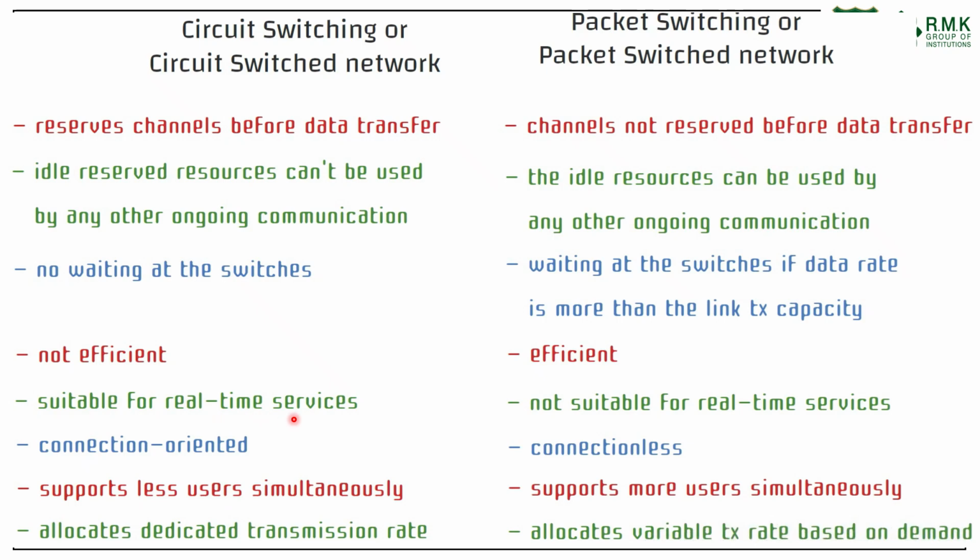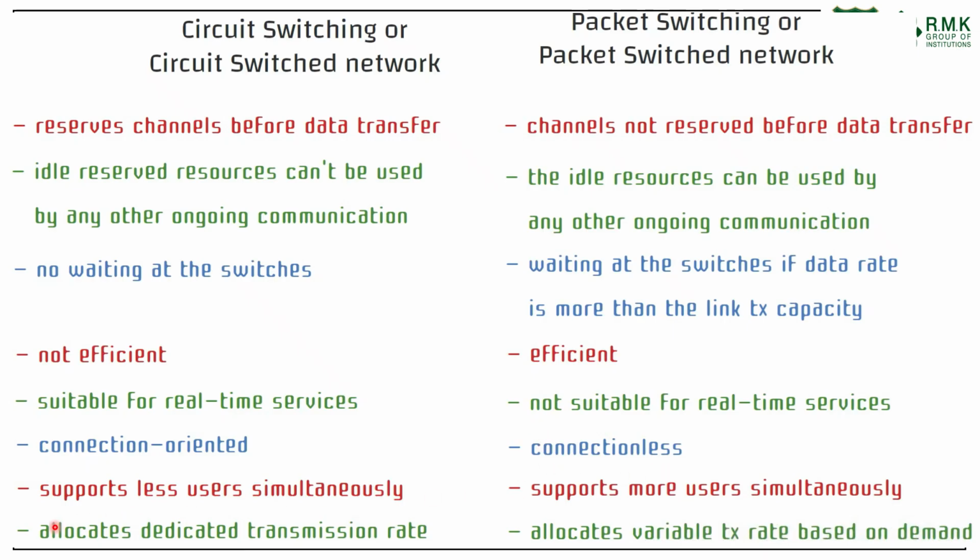And the circuit switched network is suitable for real-time services, but packet switched networks are not suitable for real-time services. The circuit switched network is connection oriented because before the data is transferred, the connection is established and then only the data is transferred. But in the packet switched network, there is no logical connection between the source and destination. So the packet switched network is connectionless.